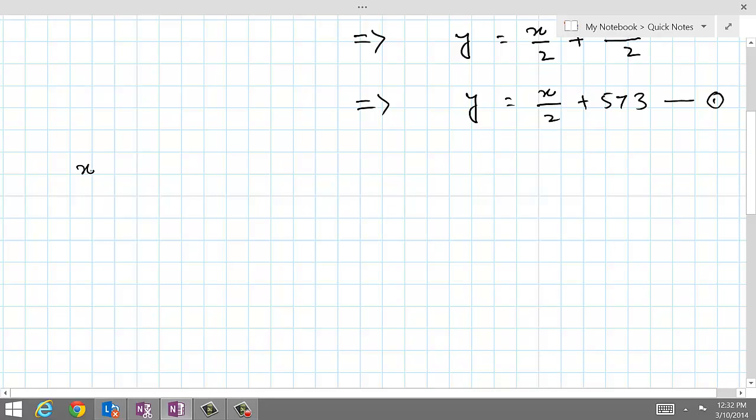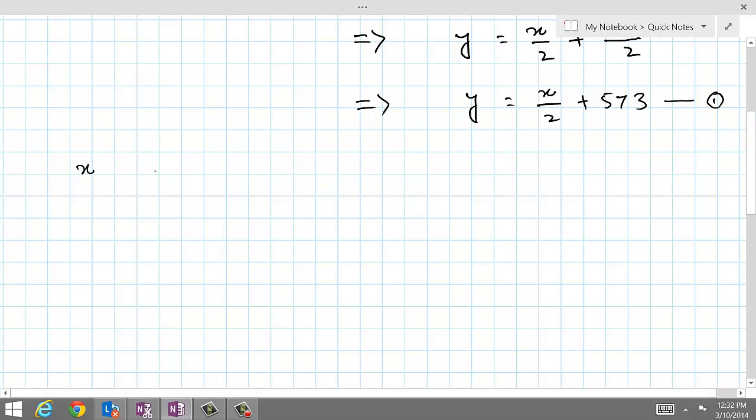And here another point: if there is a denominator on the right side, which is 2 in this case, we should assume those values of x which are multiples of 2, so that we don't get any fractional value. I repeat, the values assumed for x in this case must be multiples of 2, so that we don't get any fractional value for y.